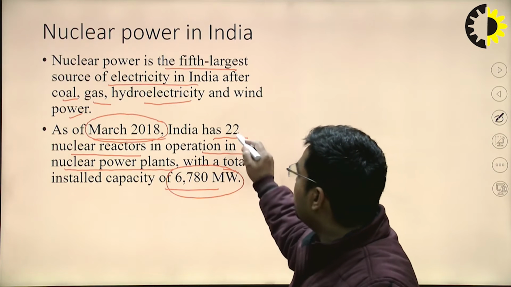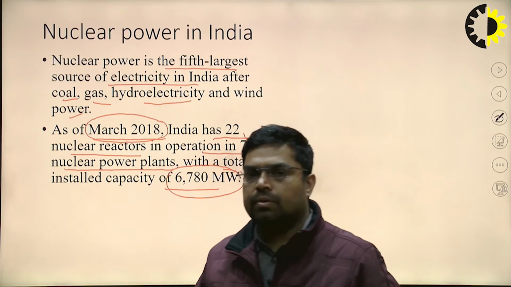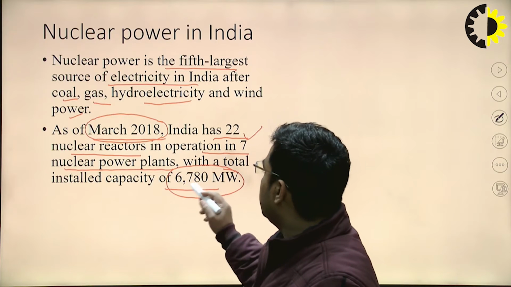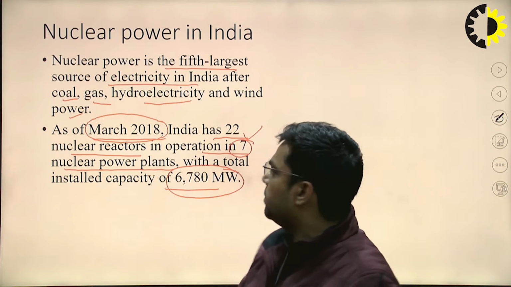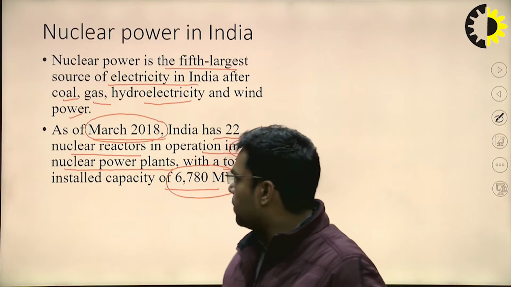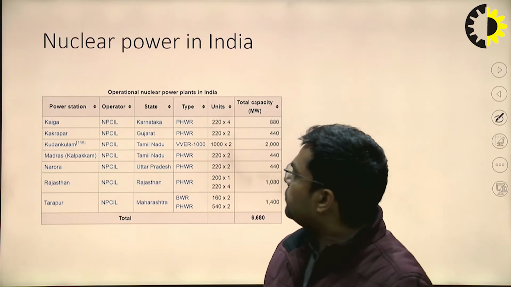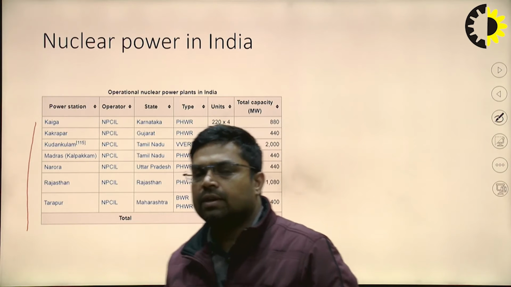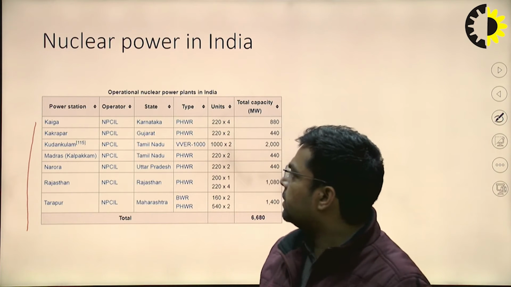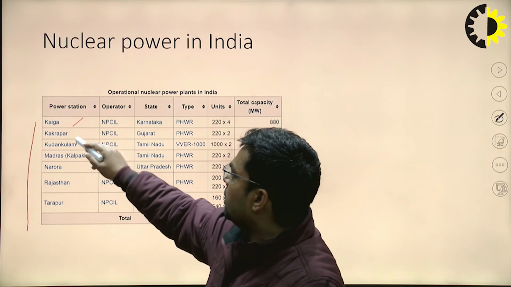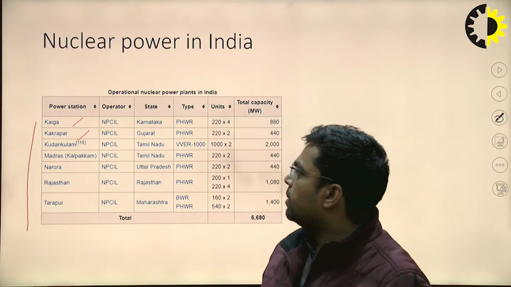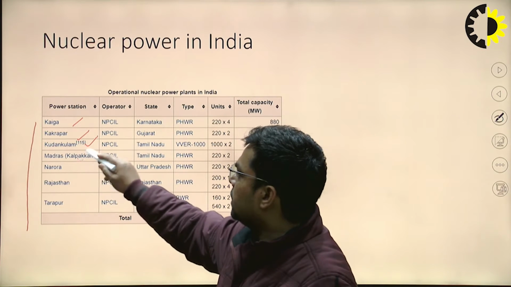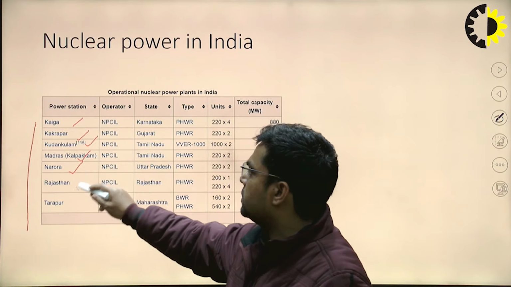So we have 22 nuclear reactors, but at this time only 7 nuclear power plants are in operation. These are some of the power stations where we use nuclear reactors: Kaiga, Kakrapar, Kudankulam, Madras, Narora, Rajasthan.